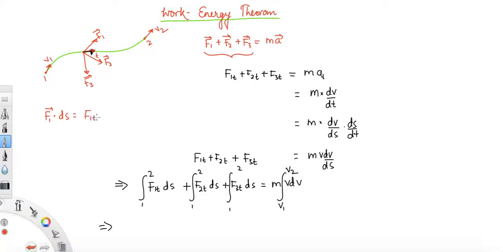We say this is dW1. Again, F2t ds is the work done by force 2, which is dW2.